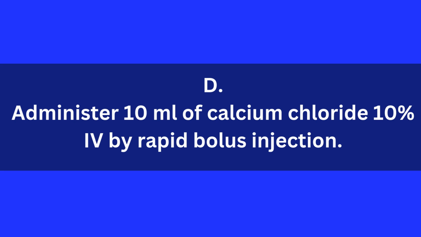Hyperkalemia raises the resting membrane potential of cardiac cells, making them more likely to depolarize inappropriately, which can lead to dangerous arrhythmias or even asystole. Calcium acts as a membrane stabilizer, reducing this risk and buying us time to implement other treatments to lower the potassium level. This is why it's the most important initial step in managing hyperkalemic cardiac arrest.